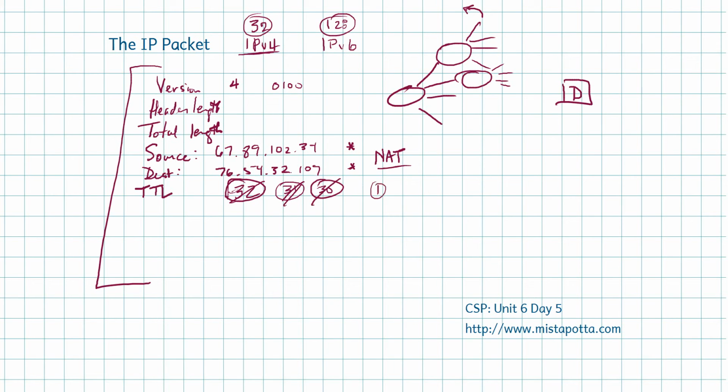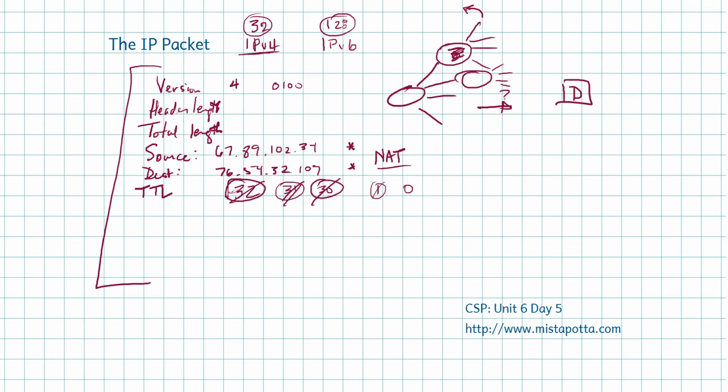Eventually it's going to get to 0, and as soon as some server sees a 0, it's just going to get rid of the packet because it's been in the system too long. It's probably useless, or it's probably reached its destination through another source, or maybe there is no path from the source to the destination. All of those situations may cause a packet to get lost in the transition.